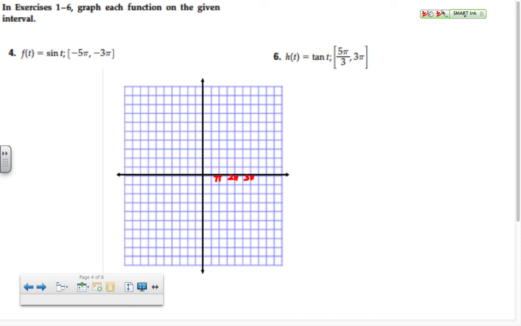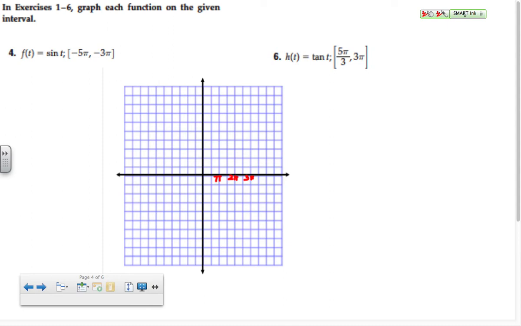All right, now, if you remember on the sine function, okay, it's going to cross the 0 at every pi.